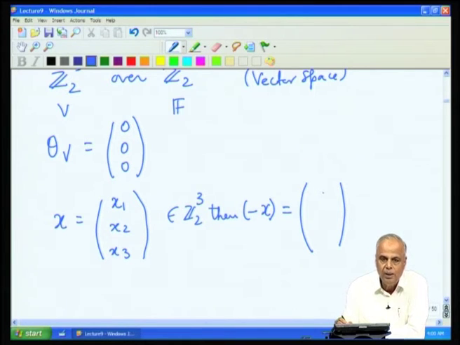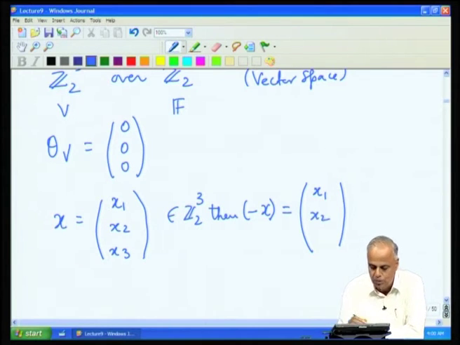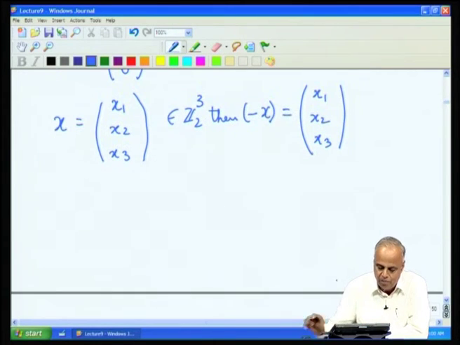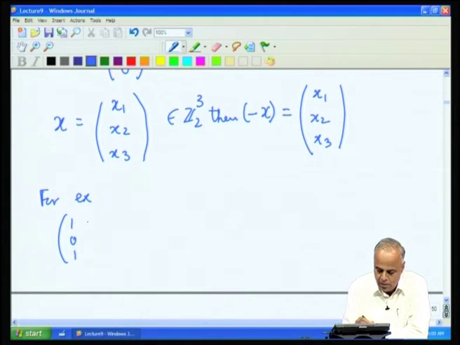We have seen that in the field Z 2, every element is its own negative. So, minus x 1 will be x 1 only, minus x 2 will be x 2 only, minus x 3 will be x 3 only. So, in this particular vector space, every vector is its own negative. For example, 1 0 1 plus itself.